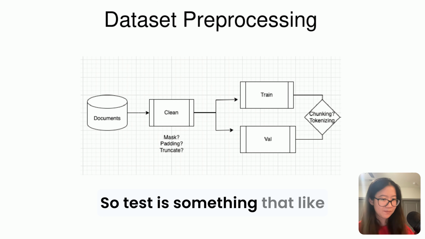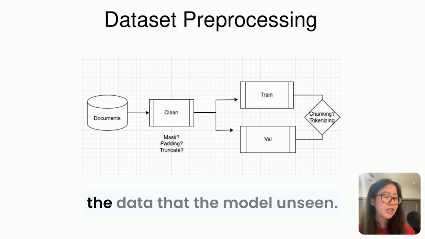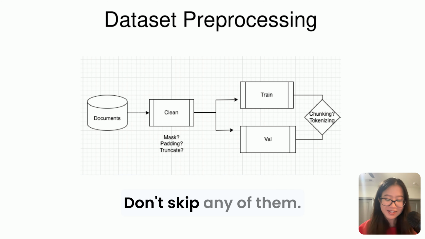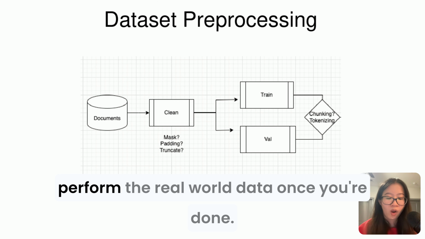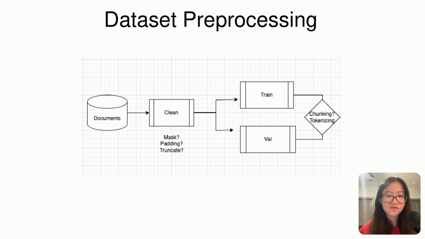The test set is data that the model has unseen, and now we see how generalized it is. So three different chunks: train, val, and test. Don't skip any of them. You need to confirm that your model can perform on real-world data once you're done. That's why you really need the test set there.